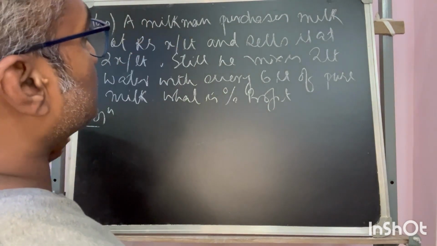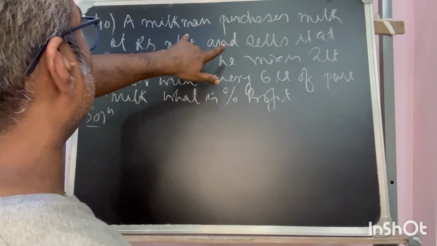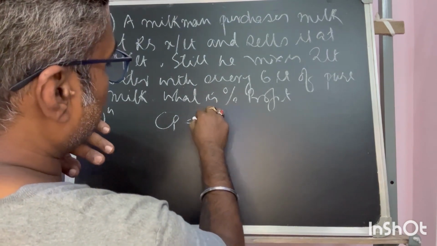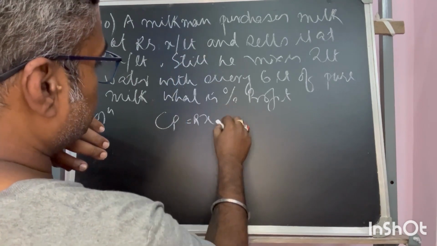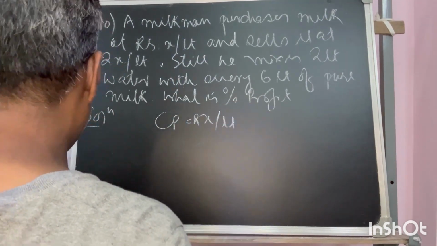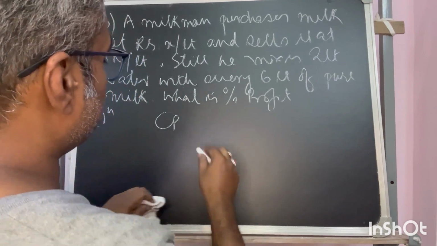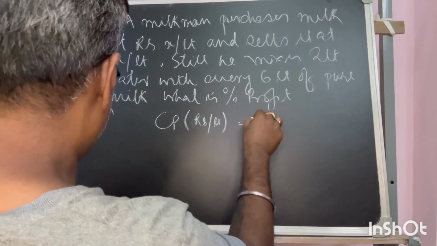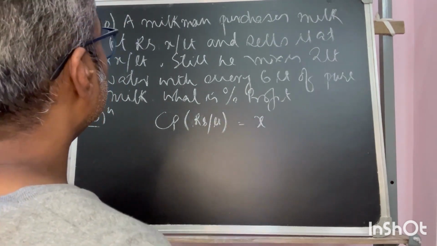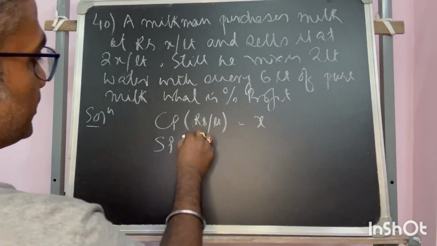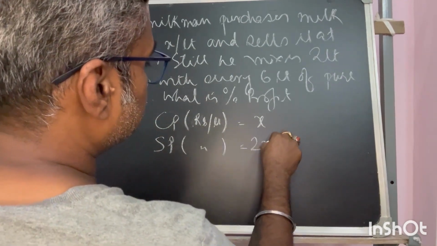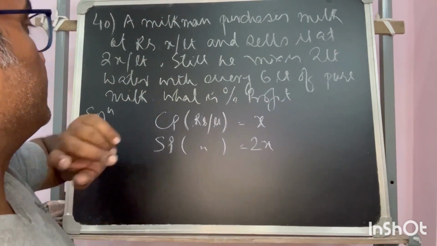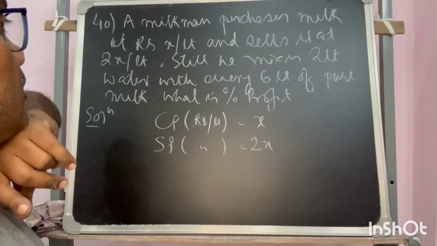Now the milkman purchases milk. So cost price is X rupees per liter. I am not writing the unit, rather you understand that it is rupees per liter, and this unit will be same for every case, and the selling price is in the same unit, that is equal to 2x. But is the transaction happening very purely? No. He is cheating on quality.